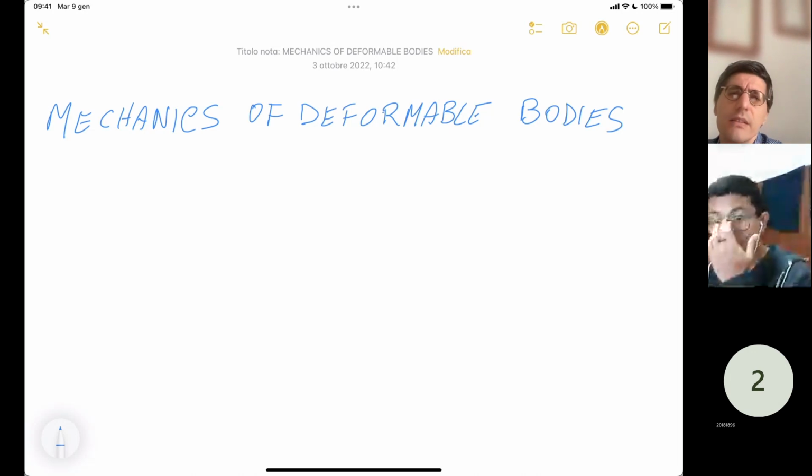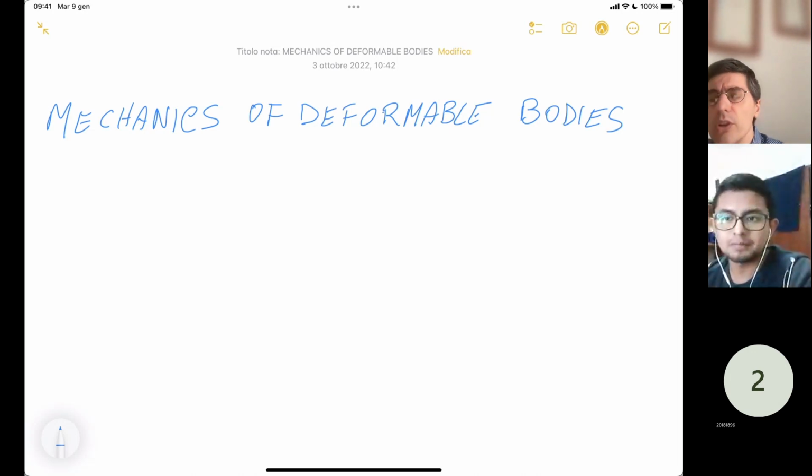So at the end of the course, we should be able to define what a deformable body is and what it means to study its mechanics.